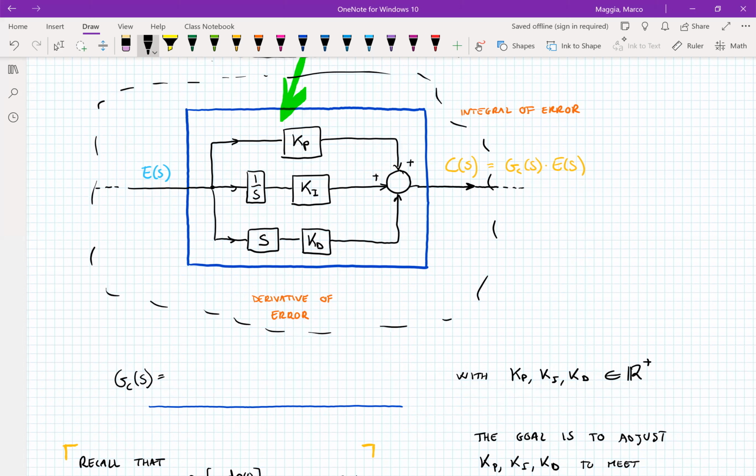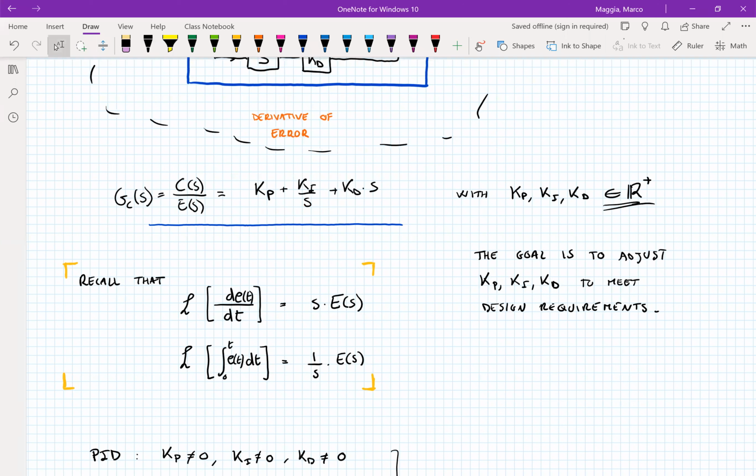The output is the control signal, C of S, divided by the input, which is in this case, the error E of S. And so this is equal to Kp plus Ki over S plus Kd times S. So the three coefficients Kp, Ki, and Kd are positive real numbers. This is what it means.